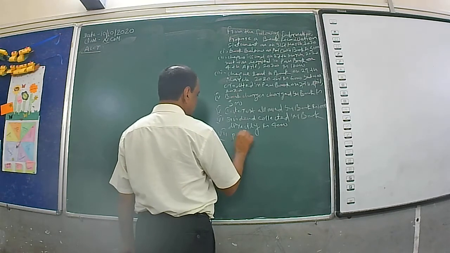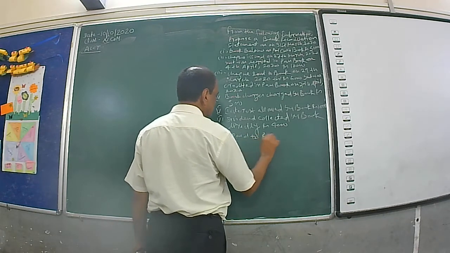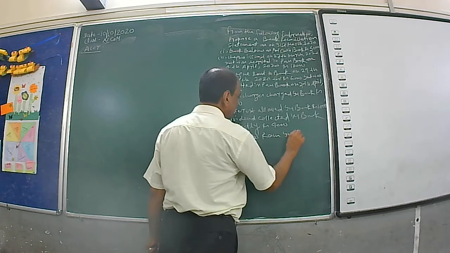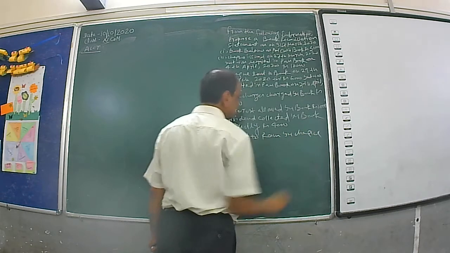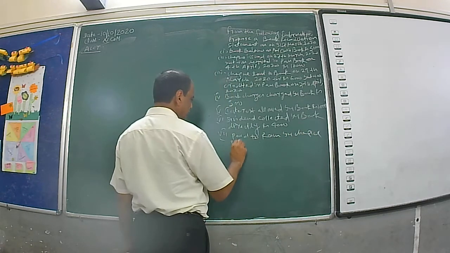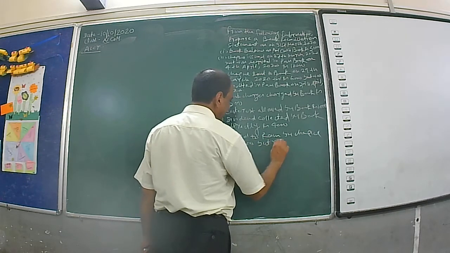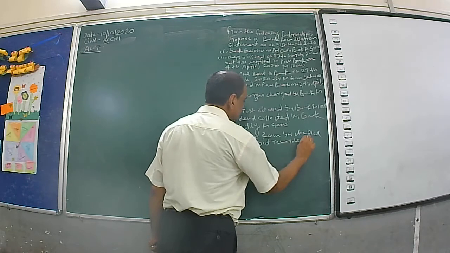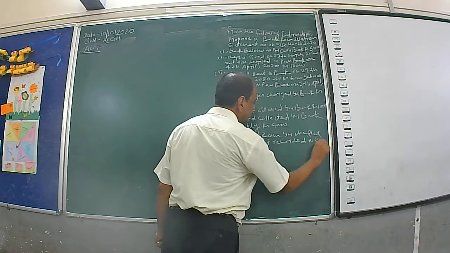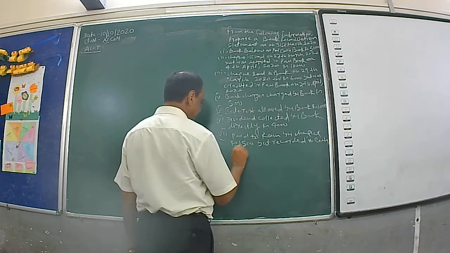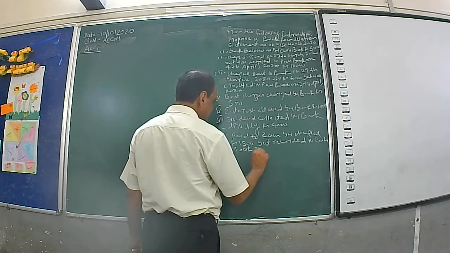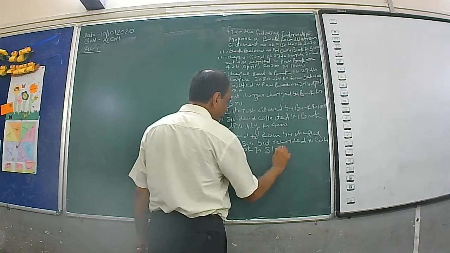Number 7, paid to Ram by check rupees 1,500 but recorded in cash book rupees 5,100.